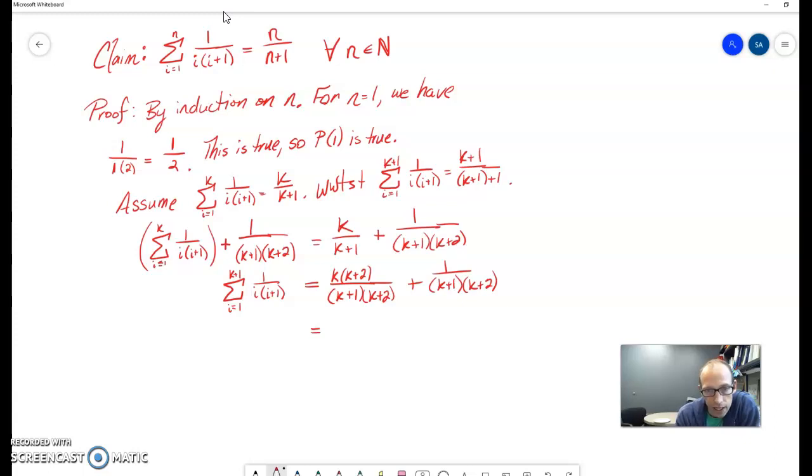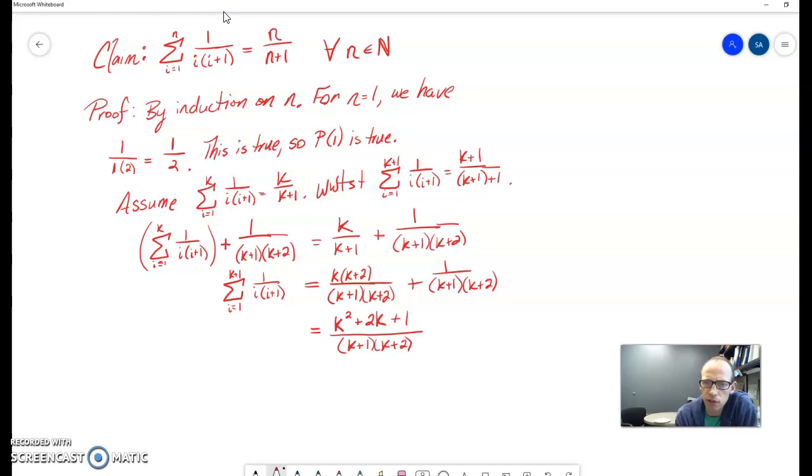Okay, and then we add these. I'm just going to multiply it out here: k squared plus 2k, that's when we multiply these out, and then we're going to add that 1, plus 1 over k plus 1. Now we could just keep going, but we really want to end up at this finish line.